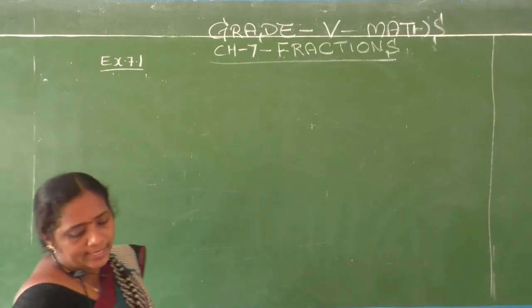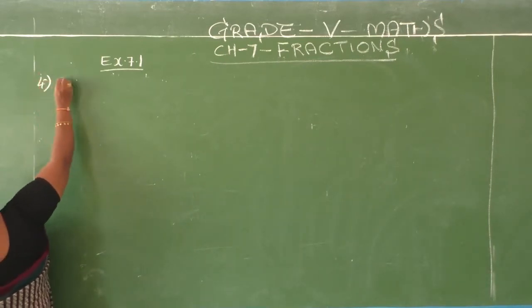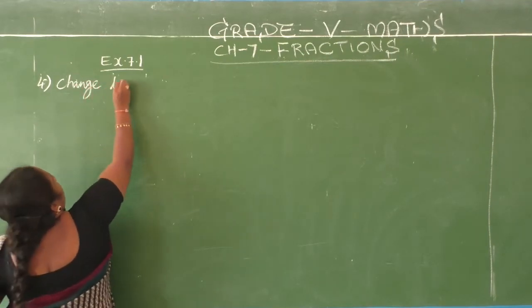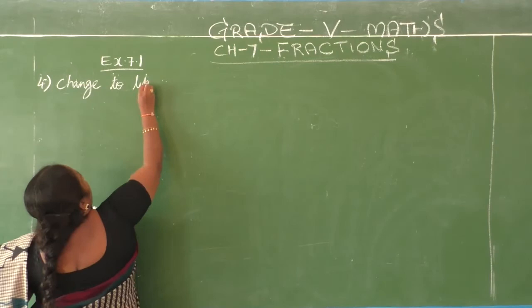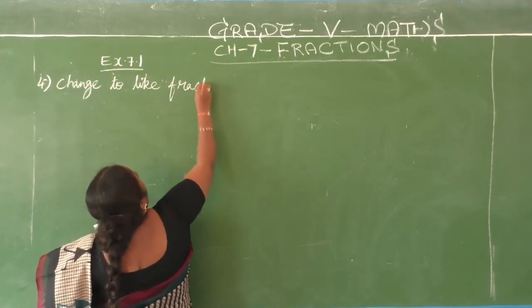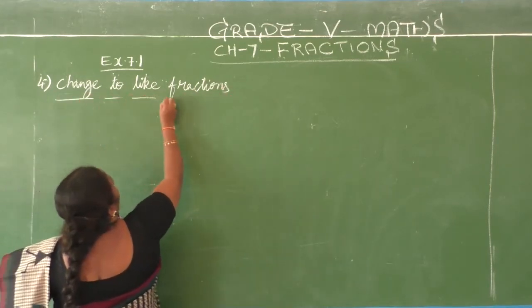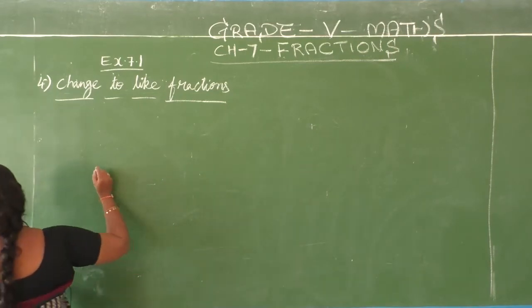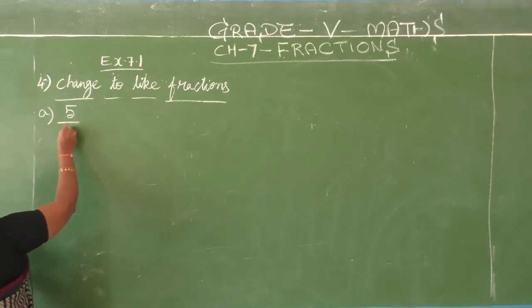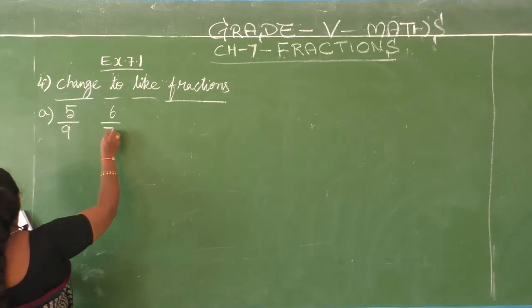Fourth Roman, change to like fractions. See the first sum they gave, 5 by 9, 6 by 7.